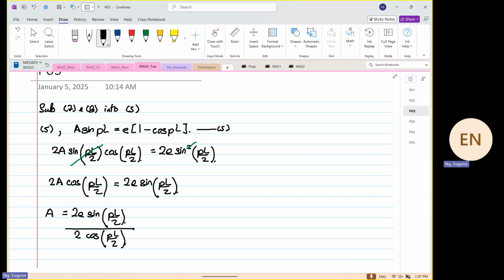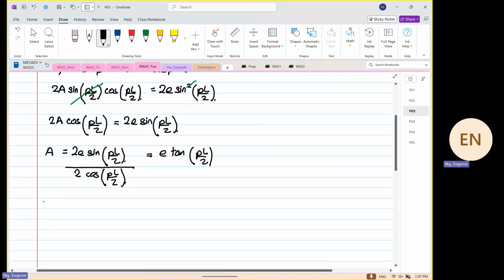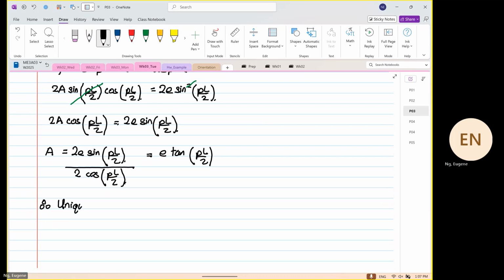So finally, straightforward, A is equal to E tangent bracket P/2. So therefore, we found our A and B. The unique solution is y as a function of x.